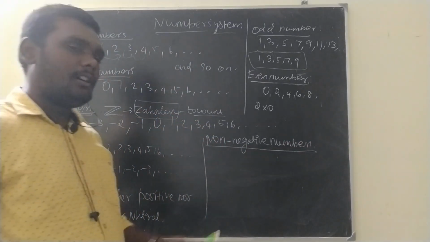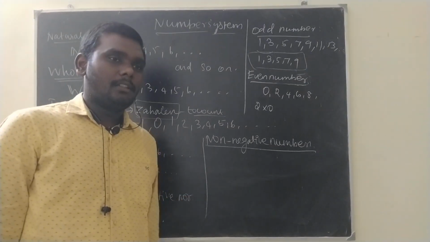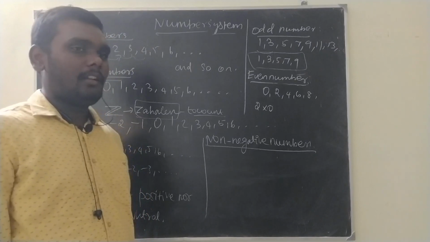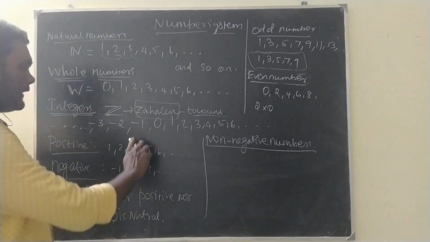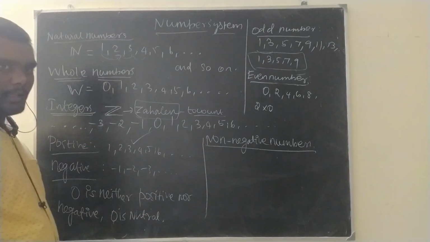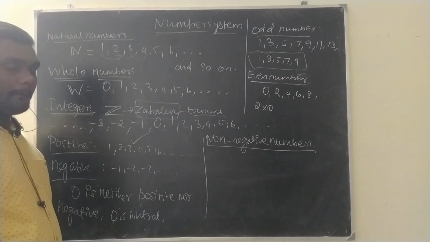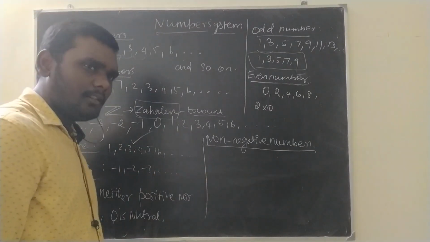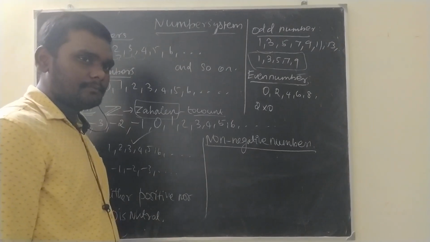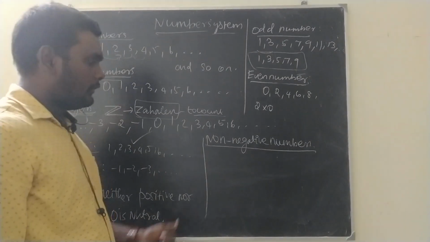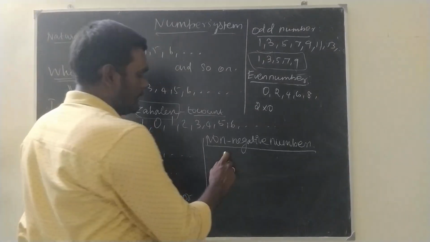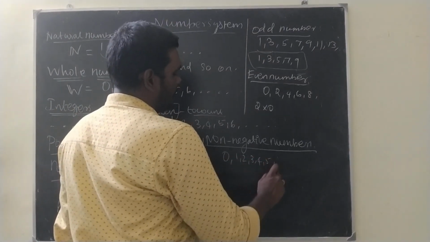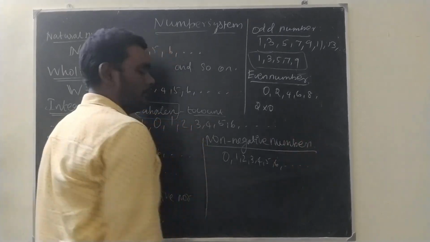Which are all the numbers you call non-negative? The numbers which are not negative, we can say they are non-negative numbers. Obviously, the positive numbers are not negative, but with that 0 also has to be included, because 0 is also not negative, right? So non-negative numbers start with 0, 1, 2, 3, 4, 5, 6 and so on it goes.